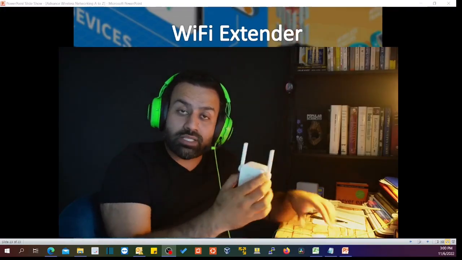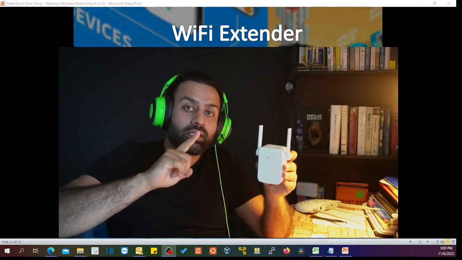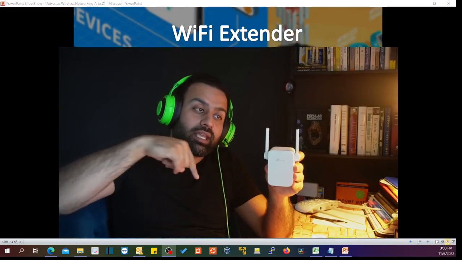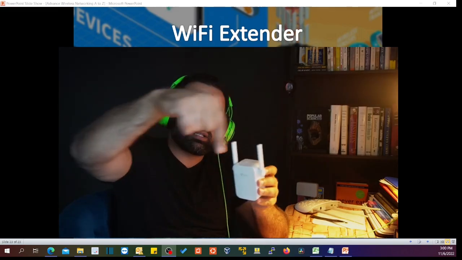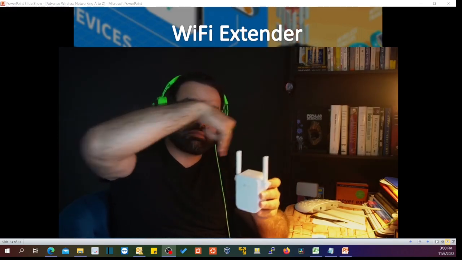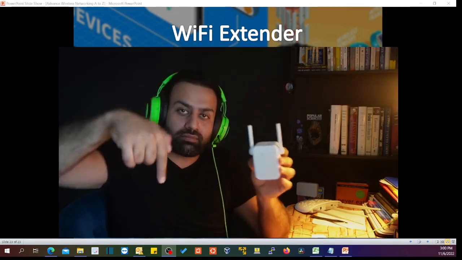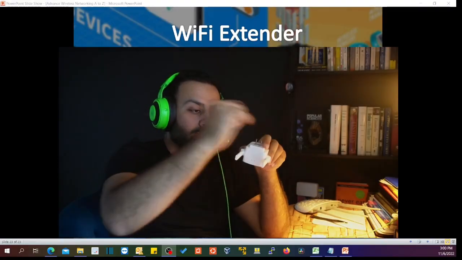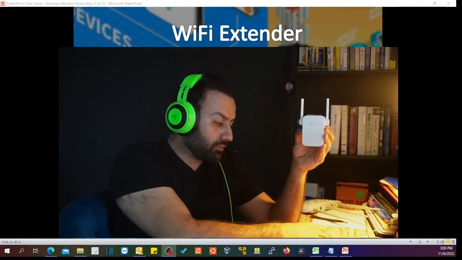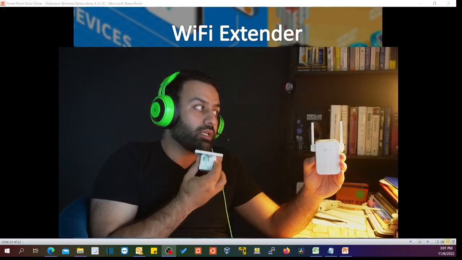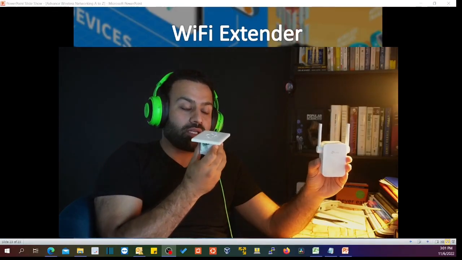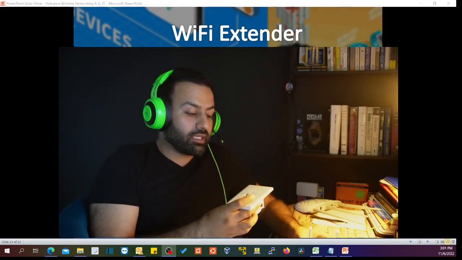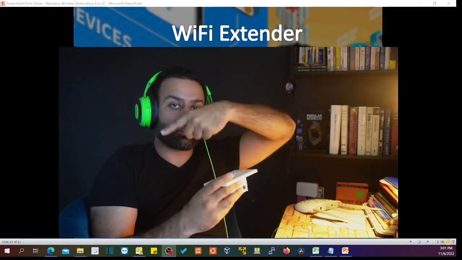It's not 100%, but in general, typically, as a technical person, we can say this is the 50%, this is the 100% coverage area of the access point. Let's say this is the coverage of the wireless access point or wireless router.